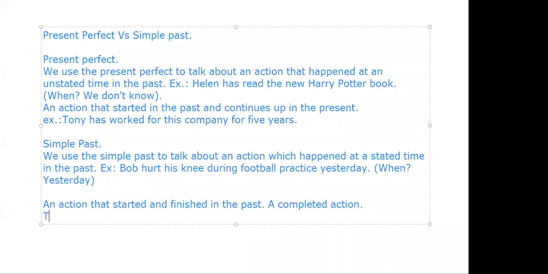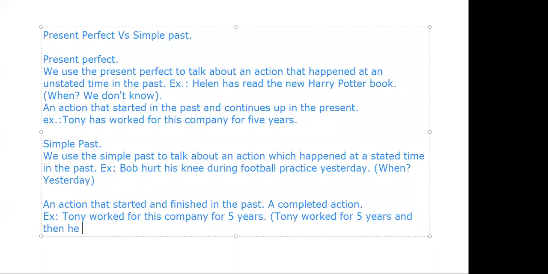So when we say, for example, we take the example above with Tony, we can say Tony worked for this company for 5 years. So what happened? Tony worked for 5 years and then he left.